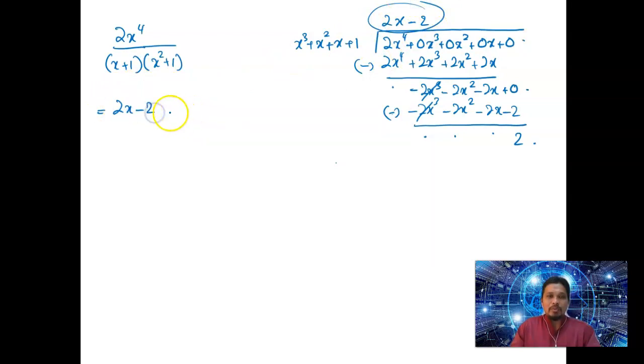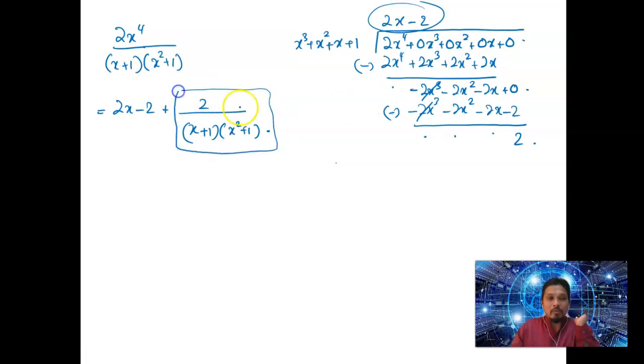2x minus 2 plus 2 divided by x plus 1 and x squared plus 1. Okay, so now this is the one that we are going to perform with partial fractions.